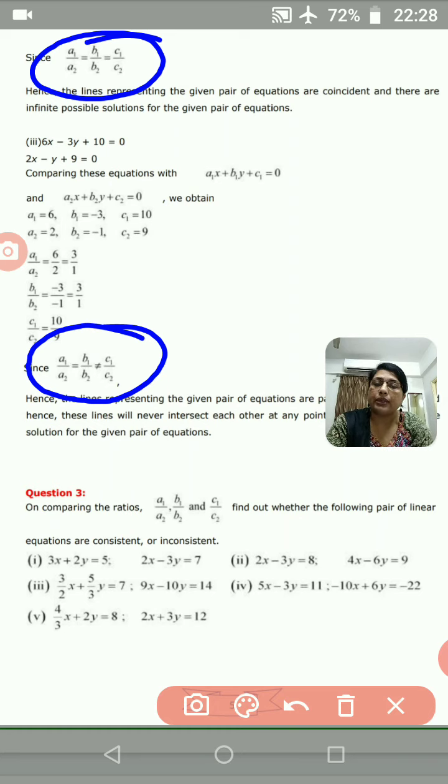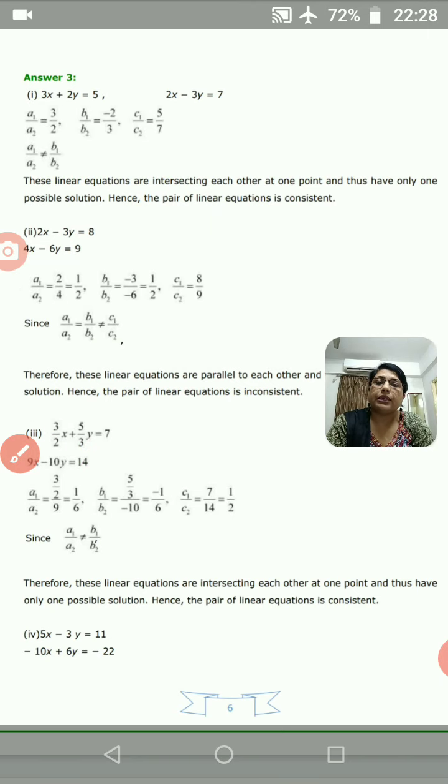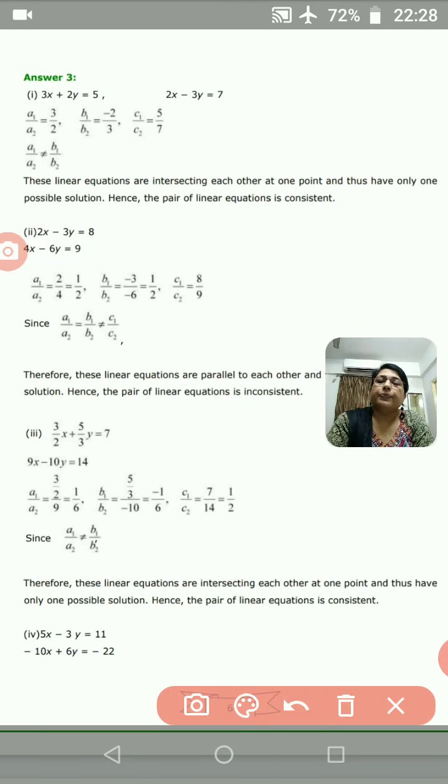Let us see the ratios of these equations. If I take the ratios, then for the first equation I get A1 upon A2 does not equal B1 upon B2. So what can we say here?